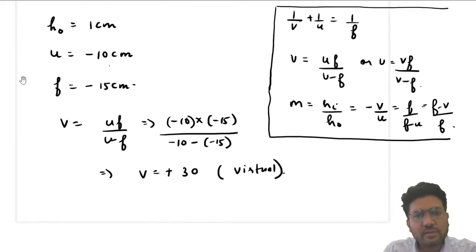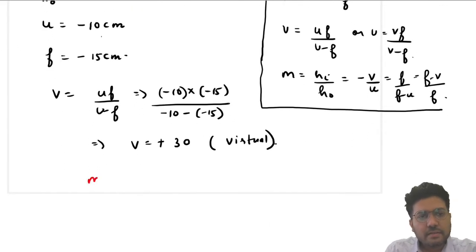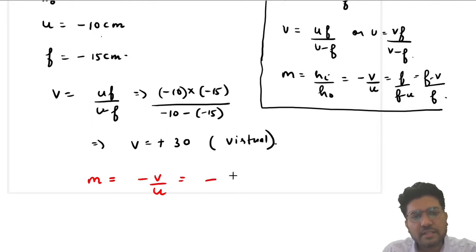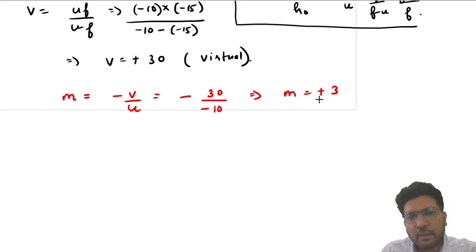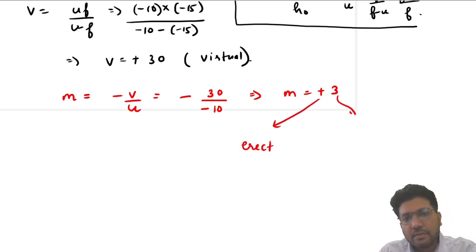Now let us look at the magnification. M is equal to minus v by u. M is equal to minus v, v is plus 30, u is minus 10. So from this you are getting m is equal to plus 3. Whenever you get m is equal to plus 3, listen carefully now. Plus means erect and 3 means magnified.